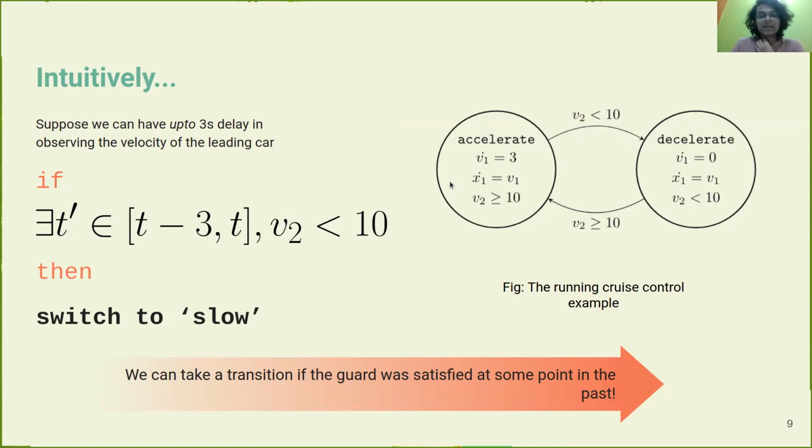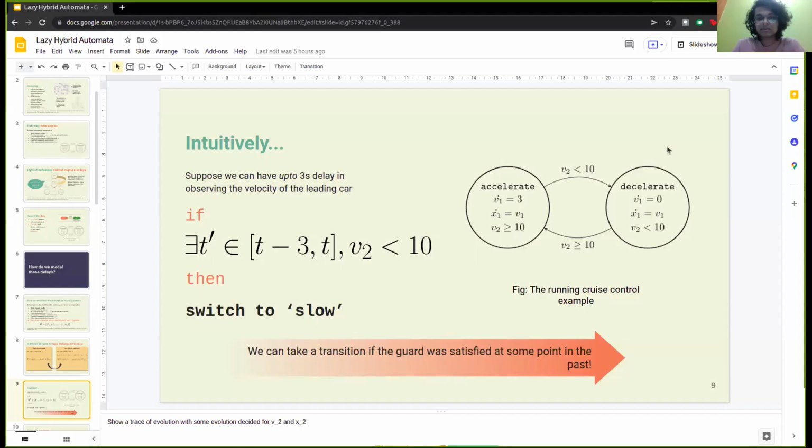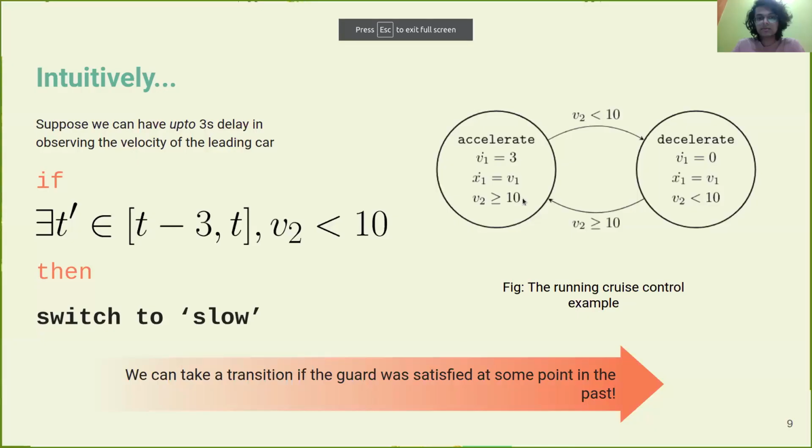And we say that we can switch from the discrete location accelerate to decelerate if there exists some time t prime within the past 3 seconds, such that the velocity v2 at this time t prime was less than 10.